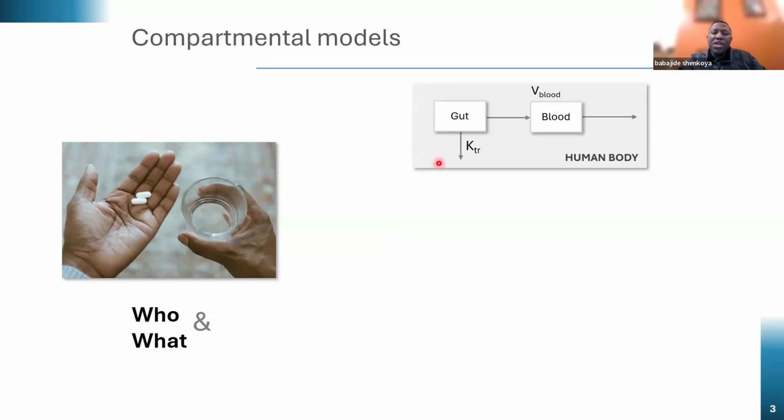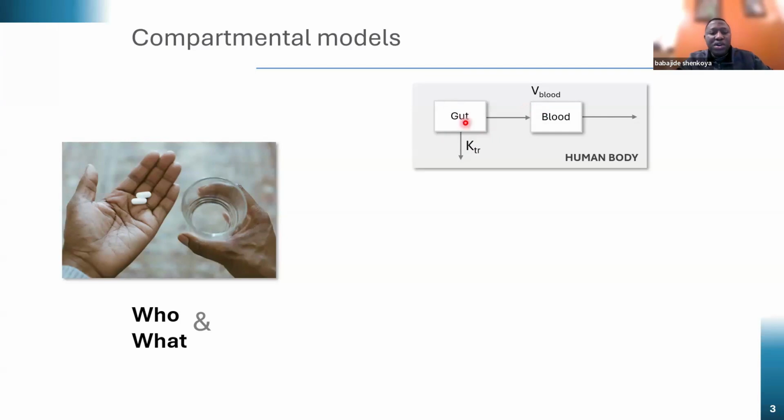Now in this human body model that I have described here, I have tried to do a best guess of approximating the human body. Although this is not what the human body would look like in real life, this is an approximation. So the human body here, I've tried to describe it using the gut compartment as well as the blood compartment.